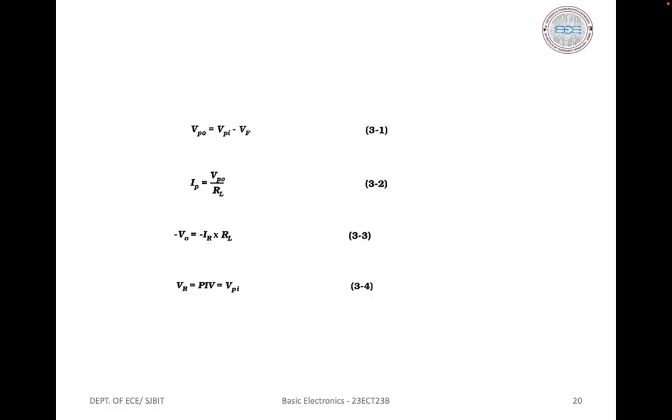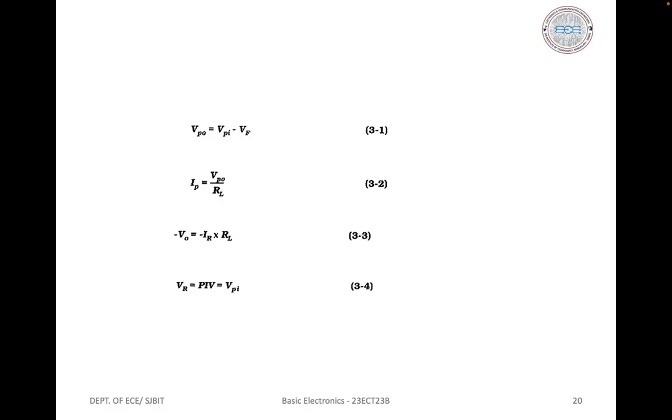During the negative half cycle of the input, the reverse biased diode offers a very high resistance. So there is only a very small reverse current IR giving an output voltage of -Vo = -IR x RL. While the diode is reverse biased, the peak voltage of the negative half cycle of the input is applied to its terminals.